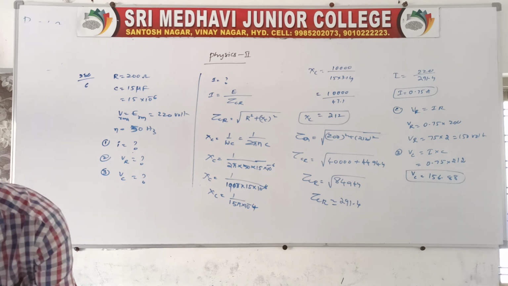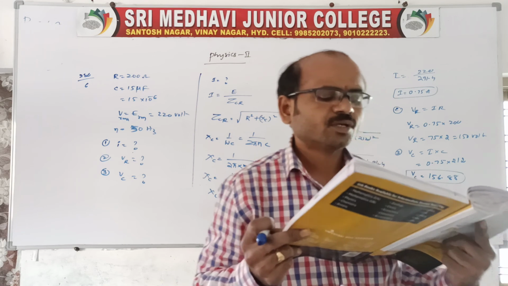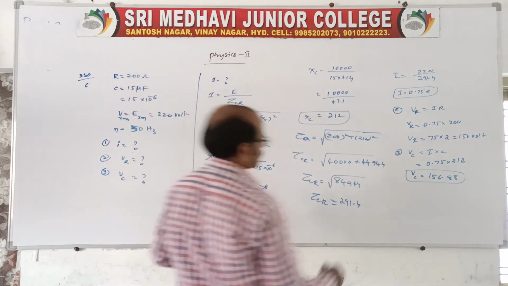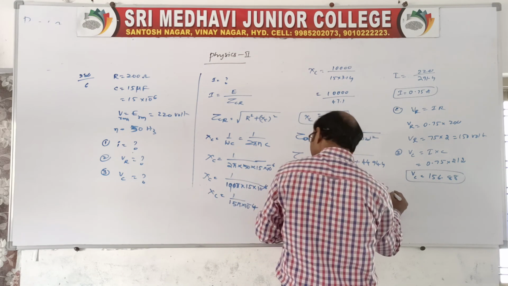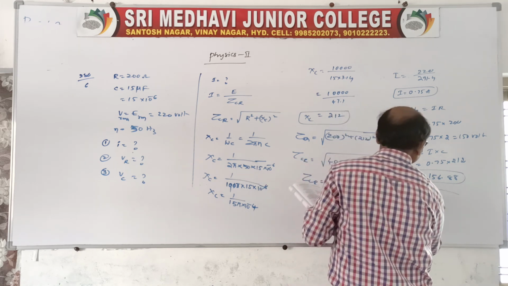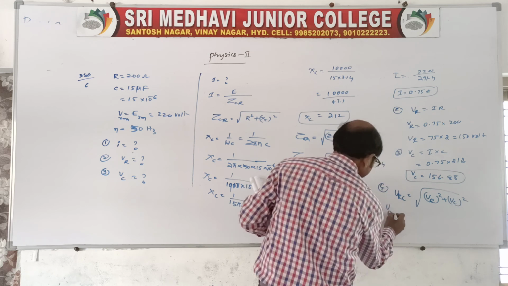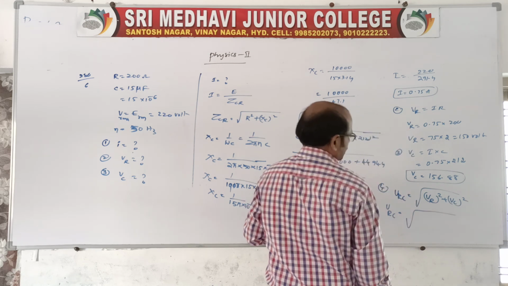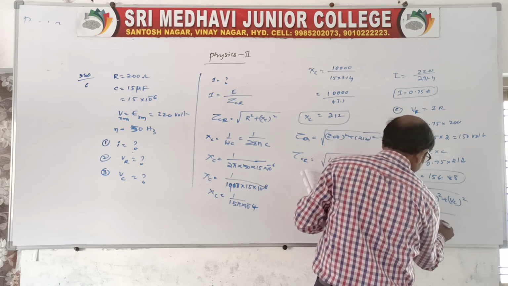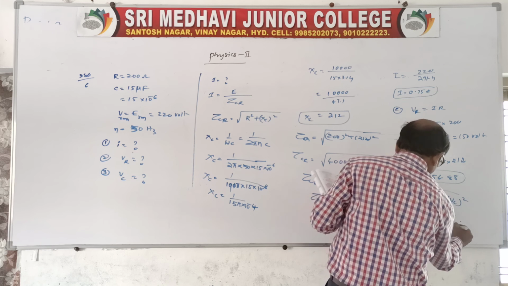Now he is asking what? The next one also, the algebraic sum. Yes, you can take both, VR and VC, and we can say VRC is equal to root over VR square plus VC square. Then VRC is equal to root over VR, which we know is about 150, whole square, plus VC, which we also know is 156.88, whole square.